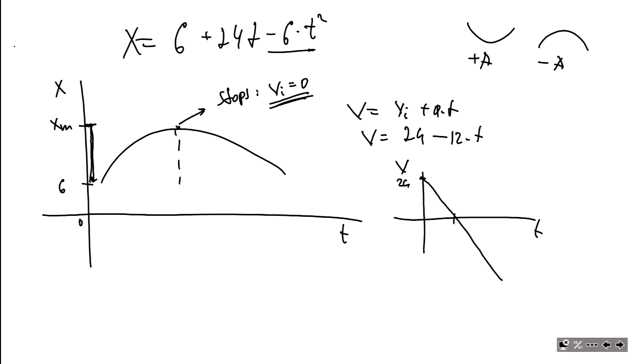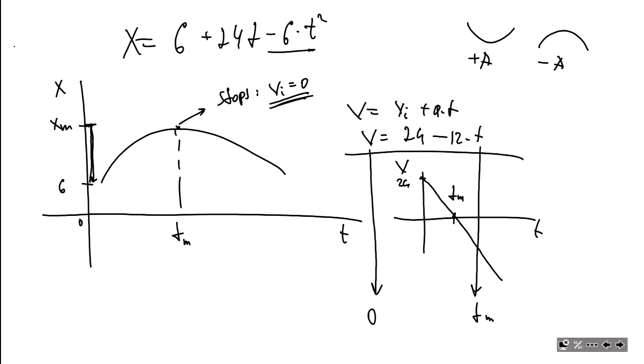This is the same instant, t middle. How do we find it? Well, we know that at this instant velocity becomes 0. We just have to finish the equation and solve it for that instant. And that instant will be equal to 2 seconds.